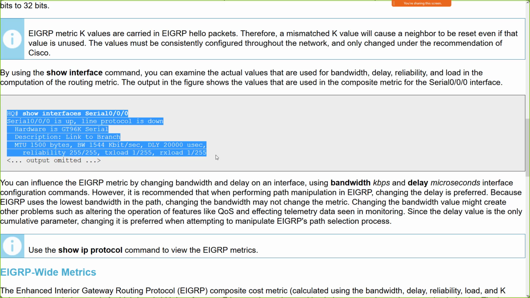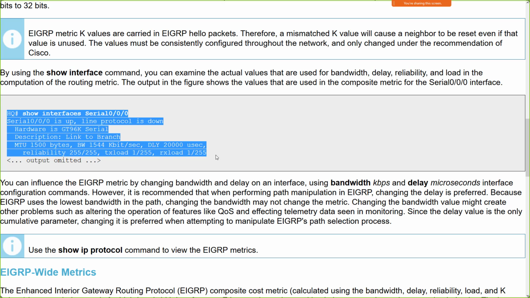I could say this interface is not 10 megs, it's a gig. Or this interface is not 1.544 megabits per second, it's 1,000 megabits. And we do that under the interface using the interface configuration commands of bandwidth and delay.